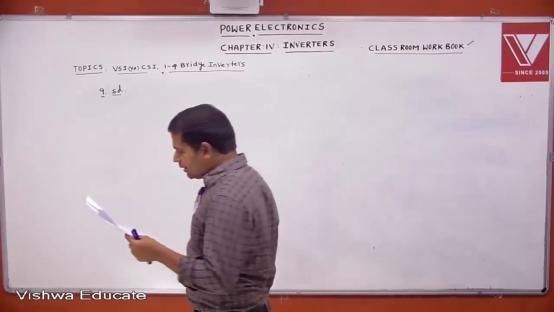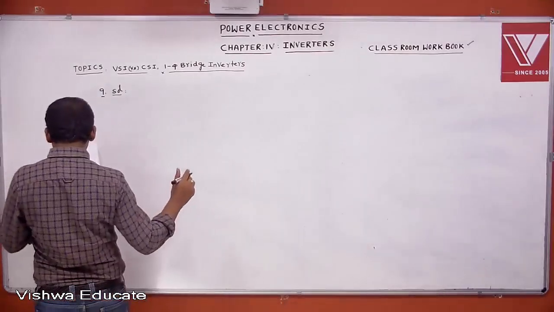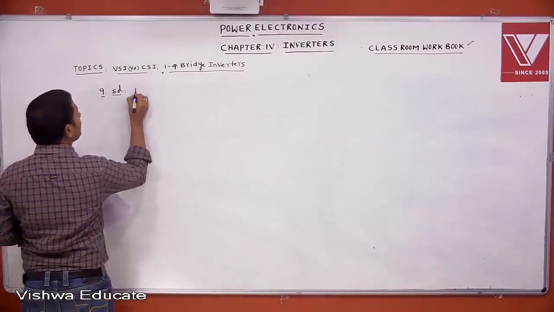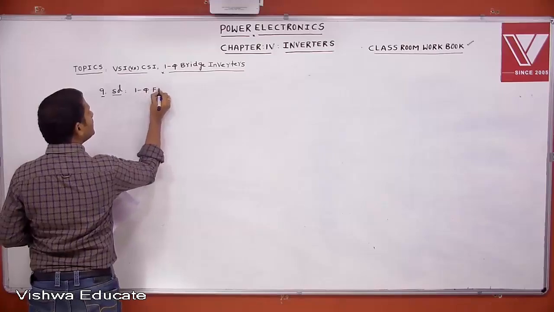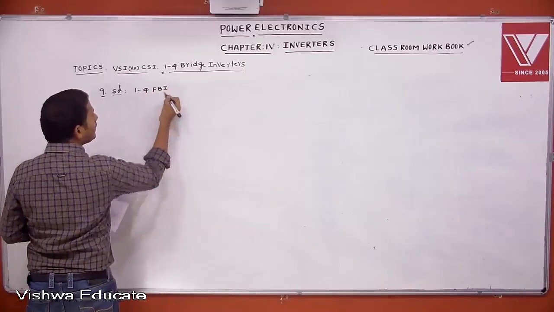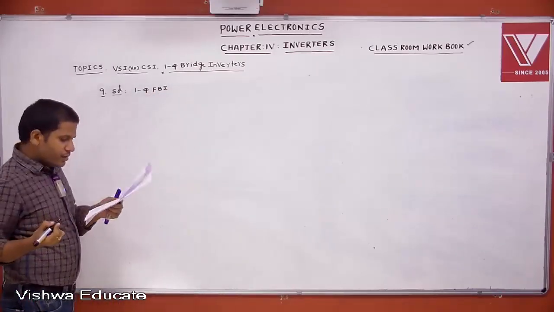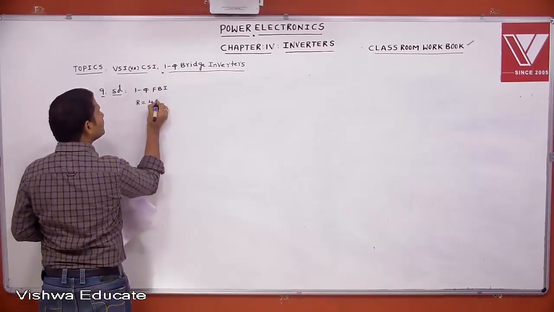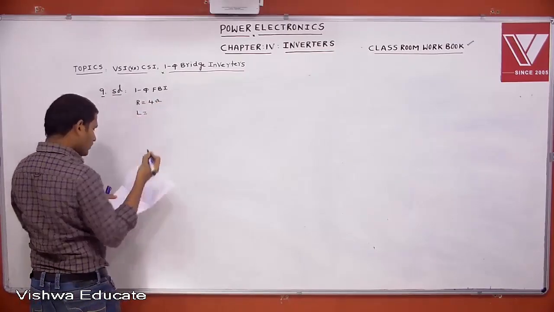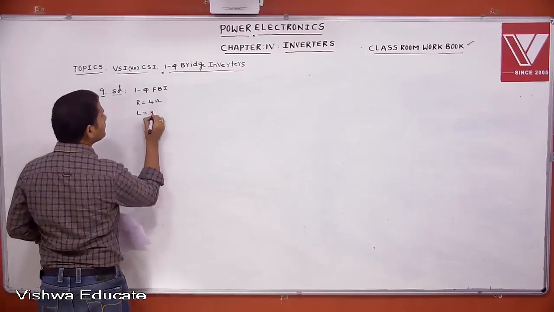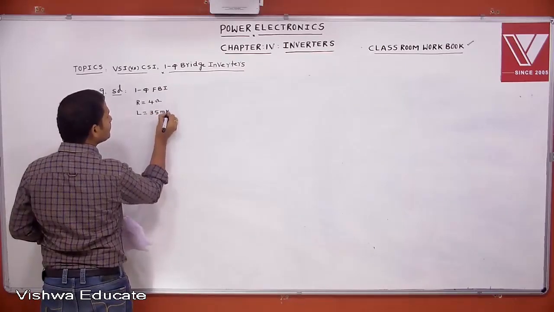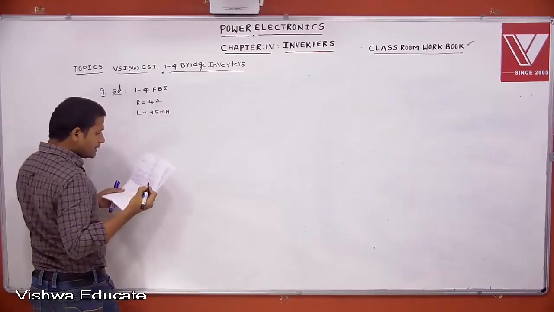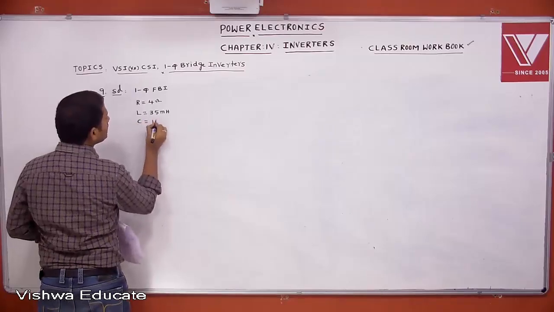Okay. Given is a single phase full bridge inverter, with RLC load R equal to 4 ohms, L equal to 35 millihenry, then C equal to 155 microfarads.